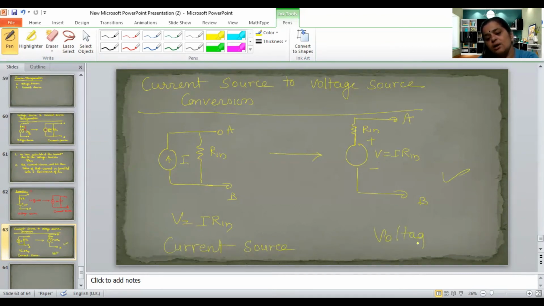So this is an equivalent voltage source. Please mind it, the current source can only be converted into a voltage source when you are having such kind of condition in the circuit, when a current source has a parallel combination of resistance, then only it can be converted into a voltage source.